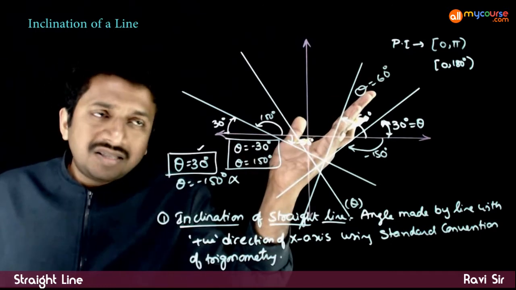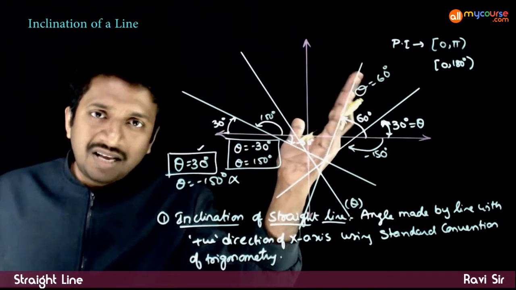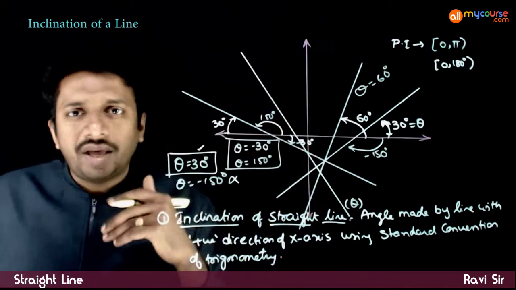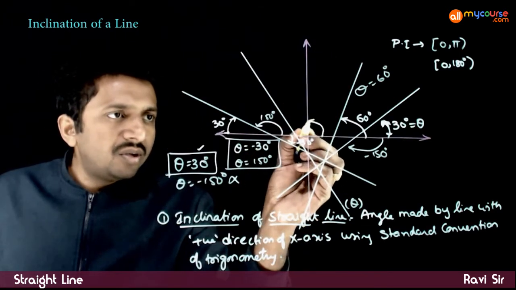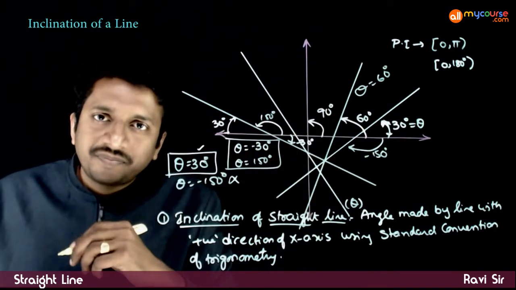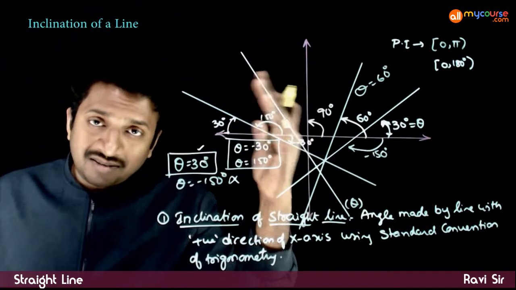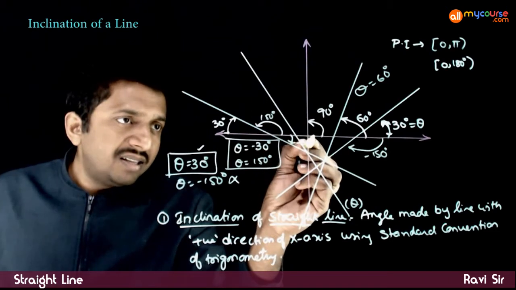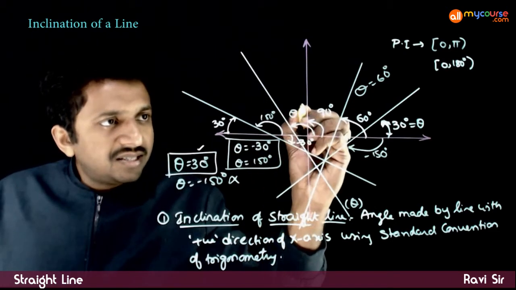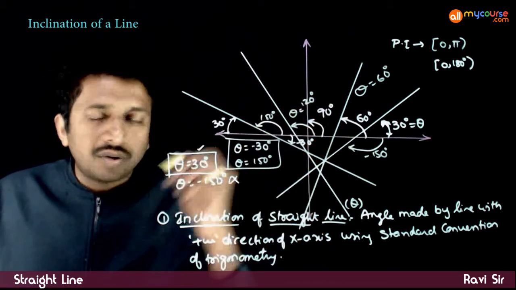Now, if you still increase the inclination, at some instant the line will become parallel to the y-axis. At that instant the inclination will be equal to 90 degrees. And if you still increase the angle, the inclinations become obtuse angles. So let us say that theta is equal to 120 degrees, and so on.